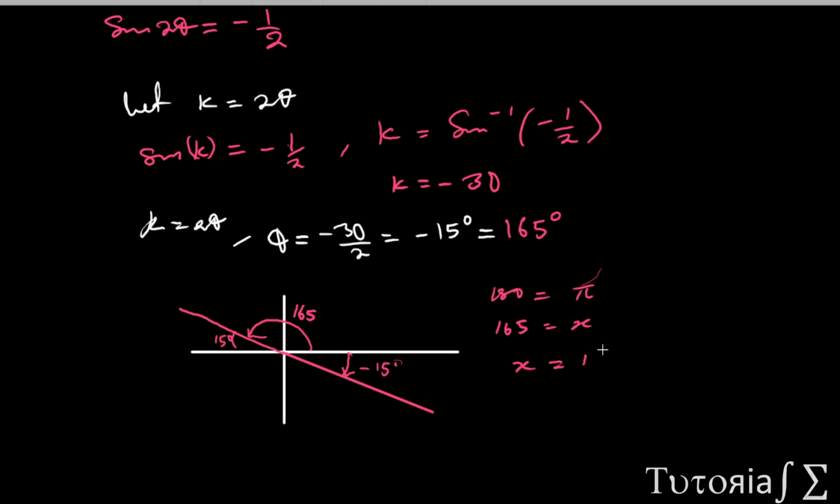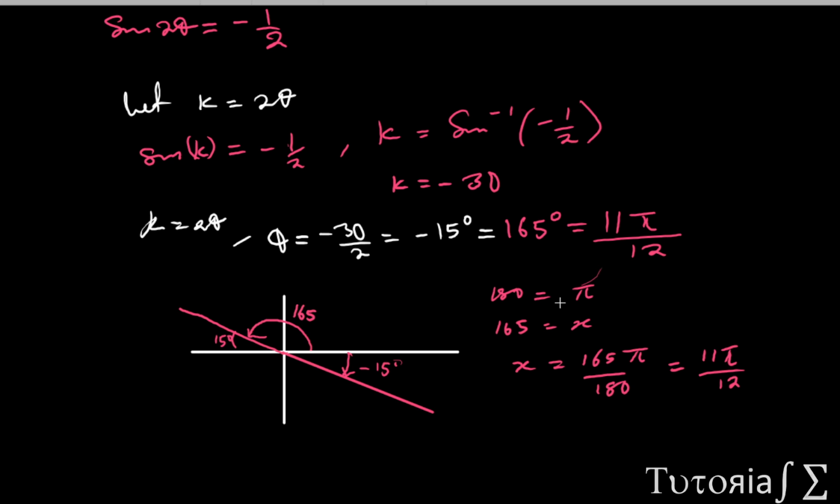X will be equals to 165 pi over 180, which when simplified, we have 11 pi over 12. So 165 degrees is also equal to 11 pi over 12. Okay, so that is the first value of theta.